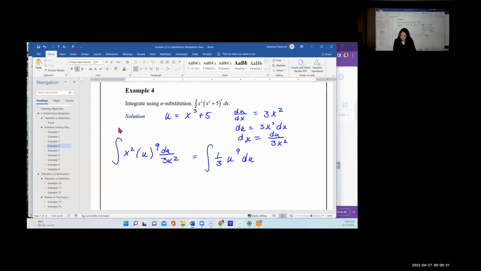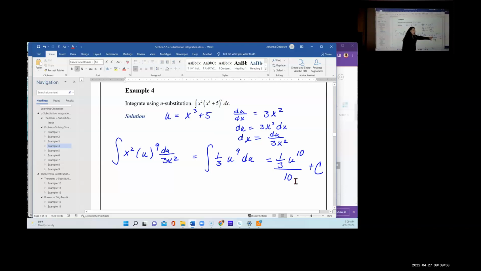So I'm going to start skipping some steps here. Add 1 to 9, we get u to the 10th, divide by the new power, and add on the constant of integration, again because we don't know what the constant is. These are families of functions. Now, you've got a complex fraction here with this 1/3 divided by 10.